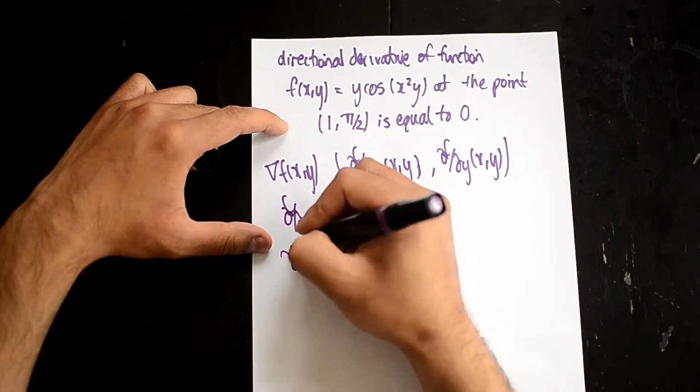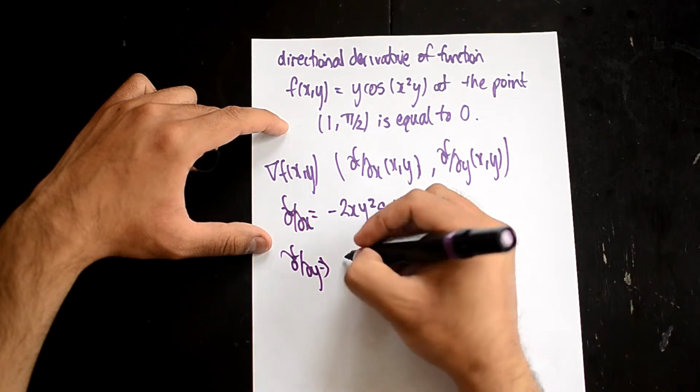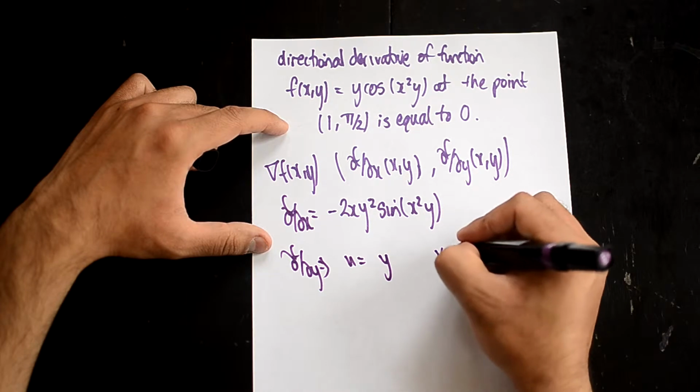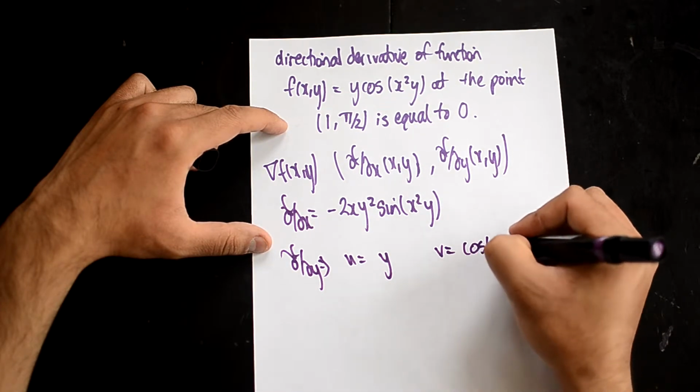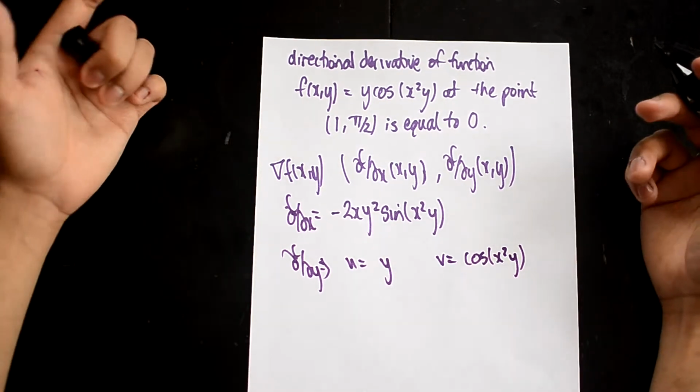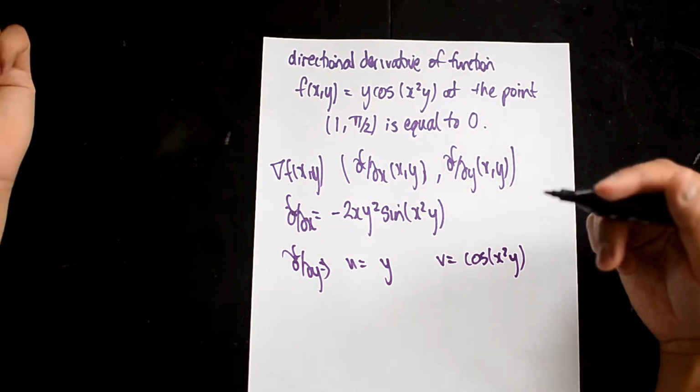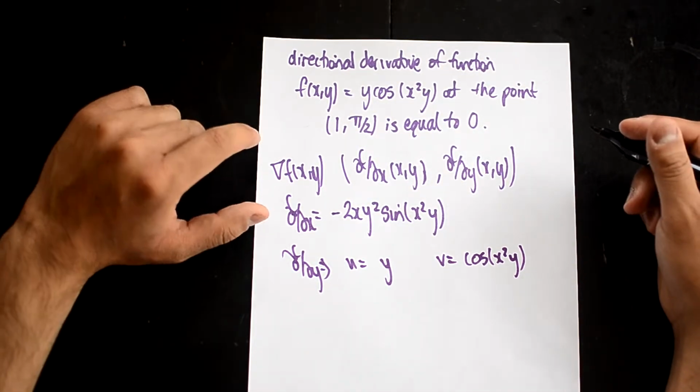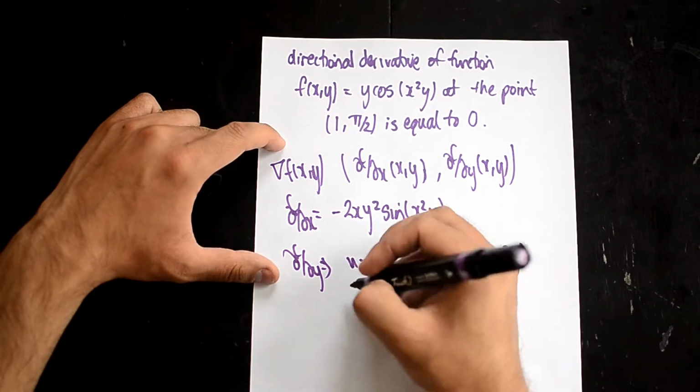And now for df/dy, we have to use the product rule, where u equals y and v equals cos x squared y. This is using partial differentiation. If you don't know what I'm doing, please go to a partial differentiation video that I've put up previously.